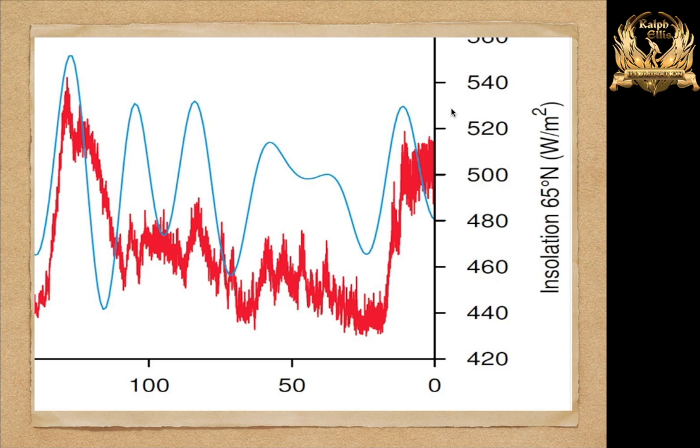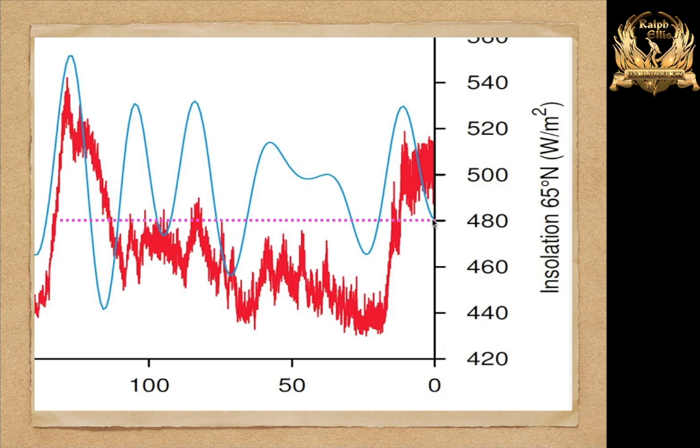That's more than 20% change in the strength of the sun over the millennia. And if we drop down to today's date, as it were, year zero, here it is on this purple dotted line. Here is the current sun strength at these northern latitudes, 480 watts per square meter.